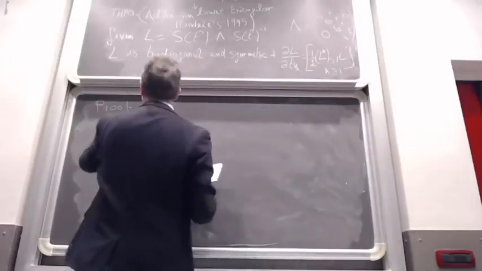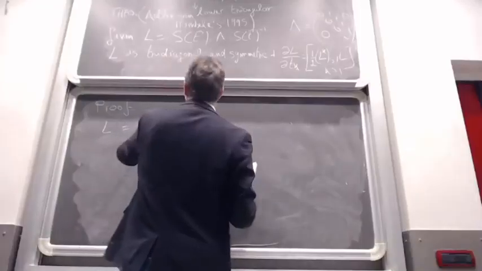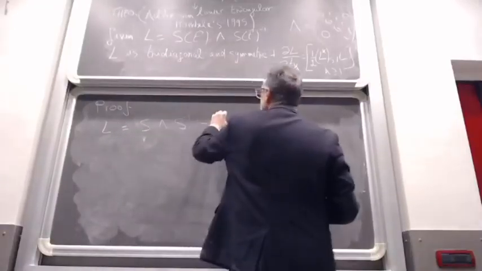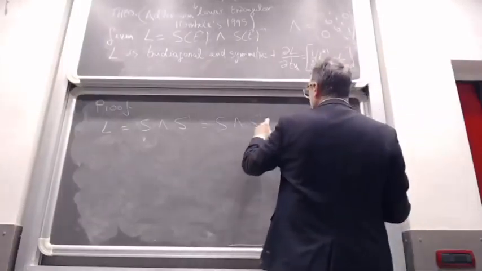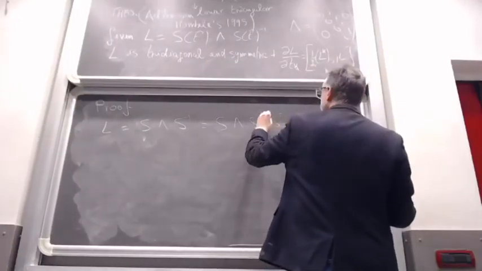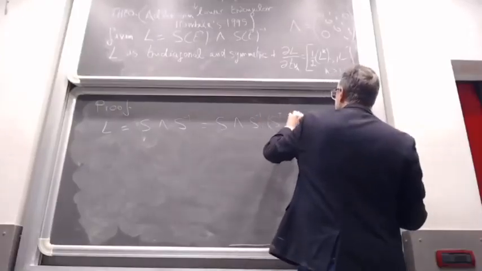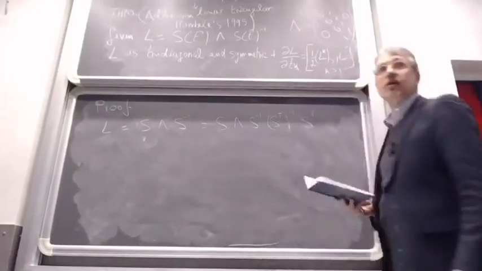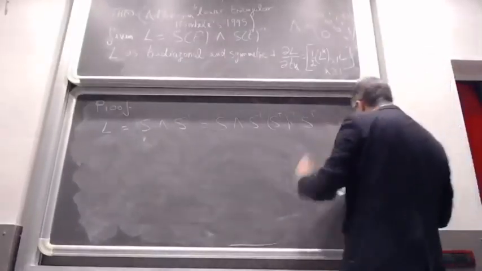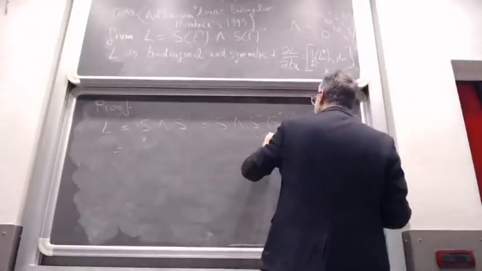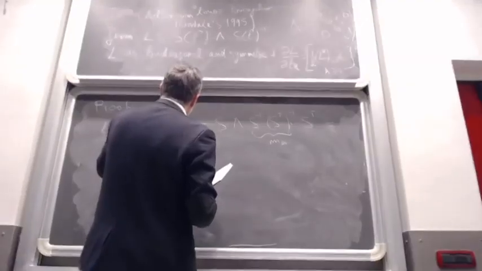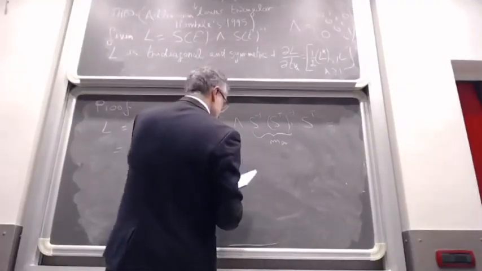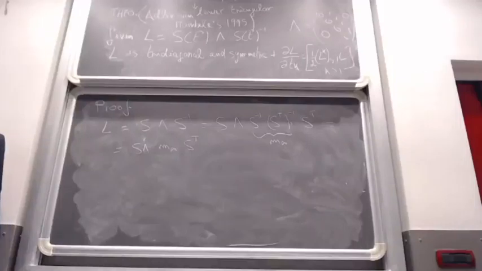L is defined as S times lambda S to the minus 1. And then we can multiply by S transposed to the minus 1 times S transposed, without changing anything. So this gives us M infinity: L equals S lambda M infinity S transposed. Okay, this is the first bit.